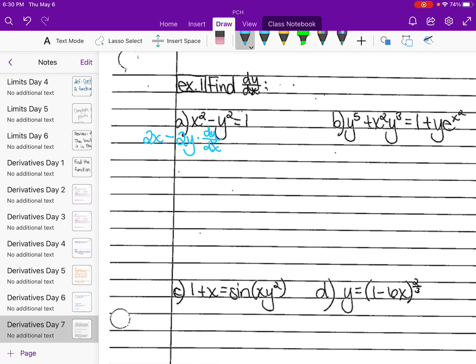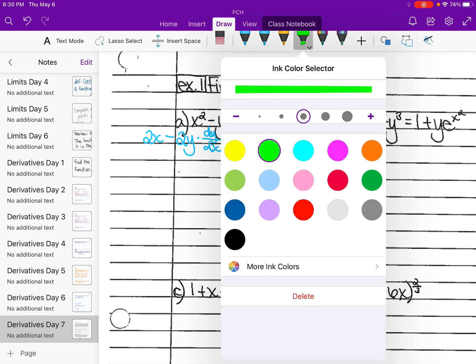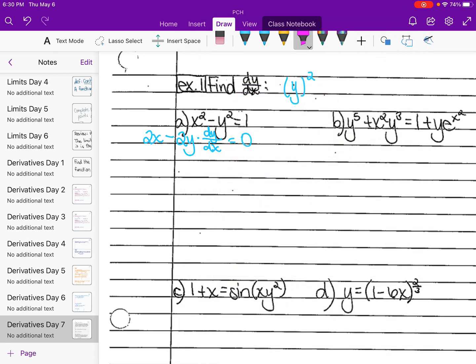chain rule. So what we're thinking of is, we're thinking of that as like a y squared where, let me see if I can remember the colors. I don't know if this is going to be color coded the same, but take the derivative of the outside. So there's an invisible one right there.